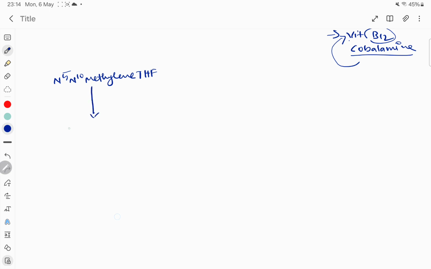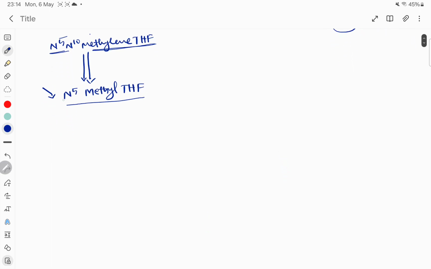This will be converted to N5 methyl tetrahydrofolate, short form THF. These two are folic acid forms only: N5 N10 methylene tetrahydrofolate and N5 methyl tetrahydrofolate. N5 N10 methylene tetrahydrofolate will be converted to N5 methyl tetrahydrofolate. 90% of folic acid in our blood is available in this form, N5 methyl tetrahydrofolate.